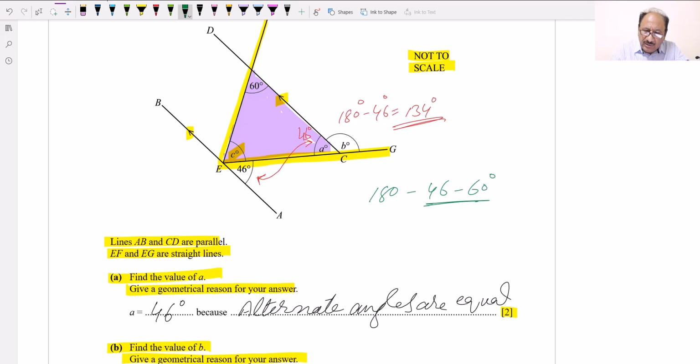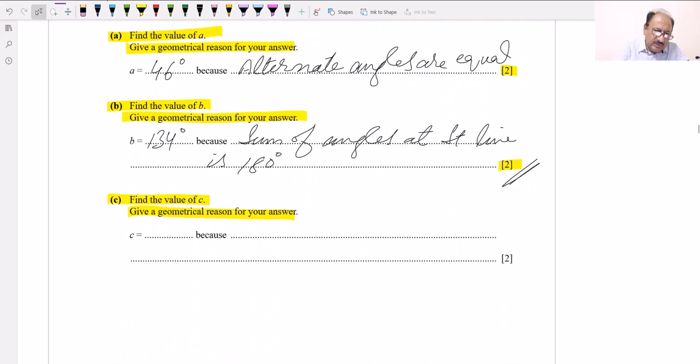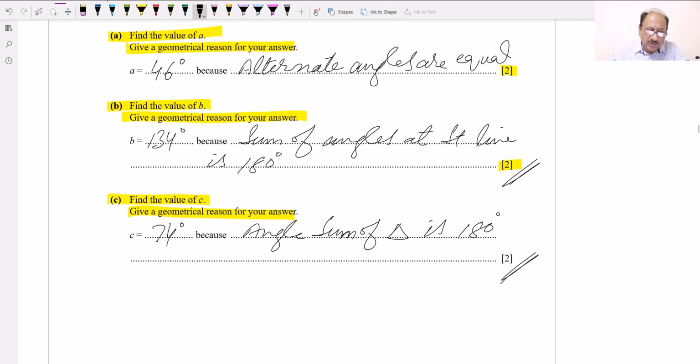So 180 minus 106 will be equal to 74 degrees. So our answer will be 74 degrees, and the reason is angle sum of a triangle is 180 degrees, or you can write interior angles of a triangle add up to 180 degrees. And this was a 2-mark question, which is done.